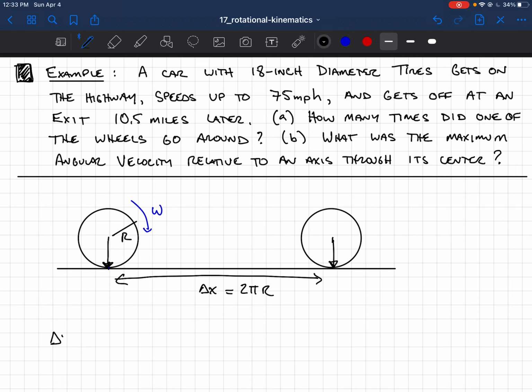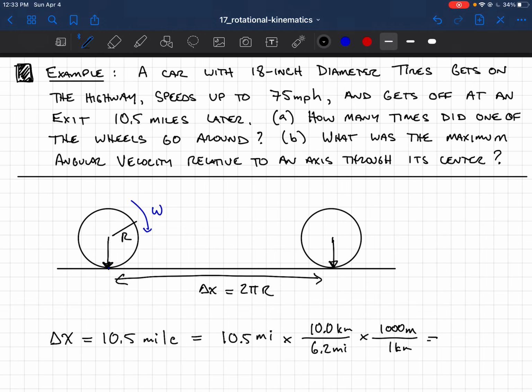Well, if we're told that you travel a distance delta x equal to 10.5 miles, let's convert that to SI units. This is the Roadrunner's conversion: a 6.2 mile race is 10.0 kilometers, and then 1 kilometer is 1,000 meters.